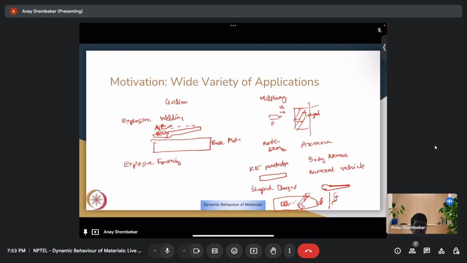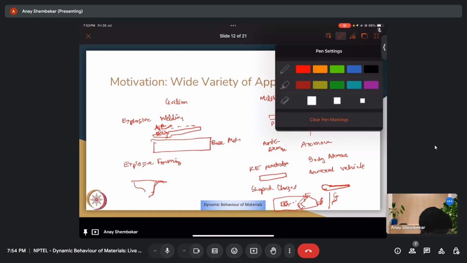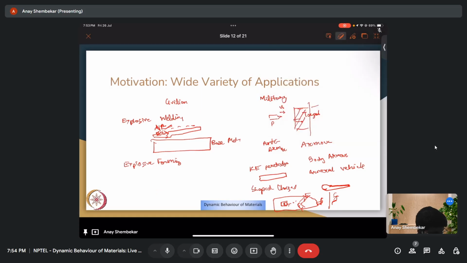wherein suppose you have a workpiece which is a metal sheet, and this is my die, and this takes it away to vacuum.